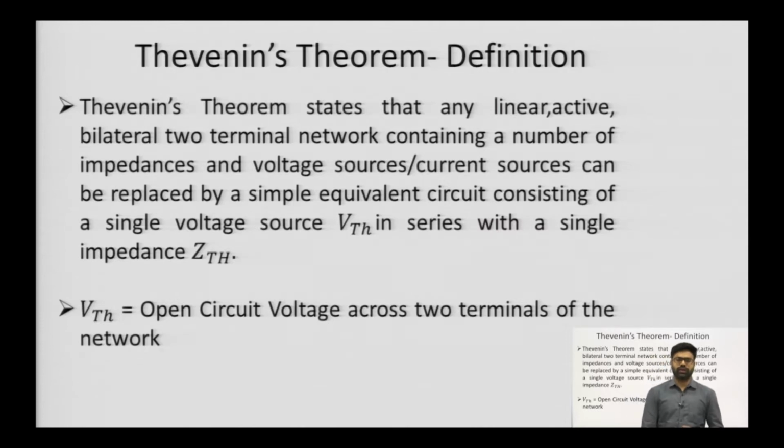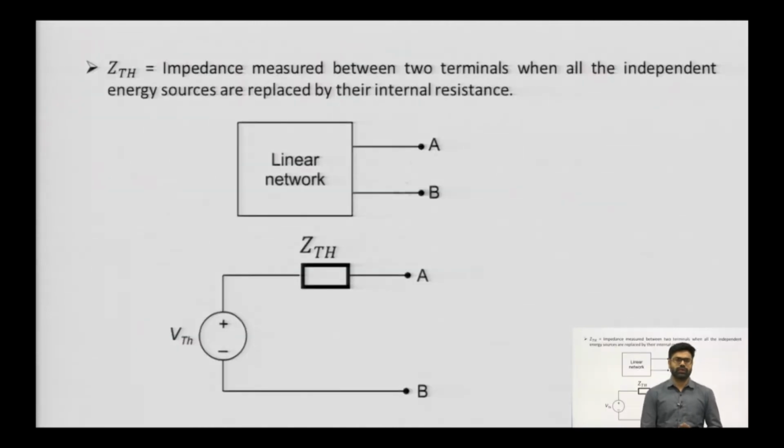Then there will be ZTH, the Thevenin impedance, which is measured between the two terminals. For measurement of ZTH, we have to replace all the independent energy sources by their internal impedance.